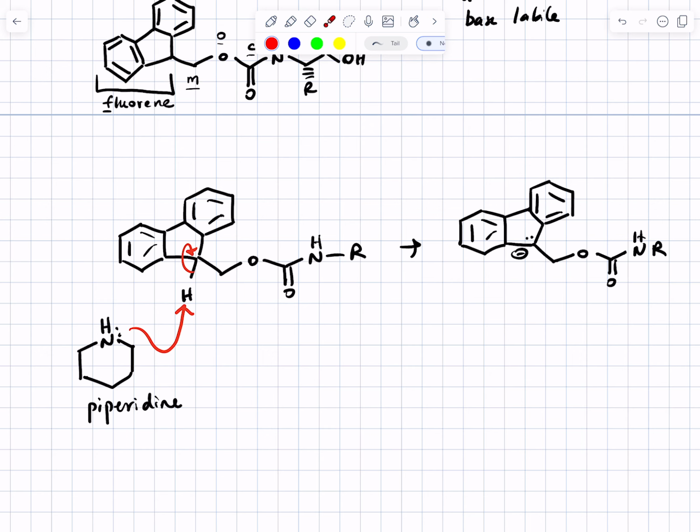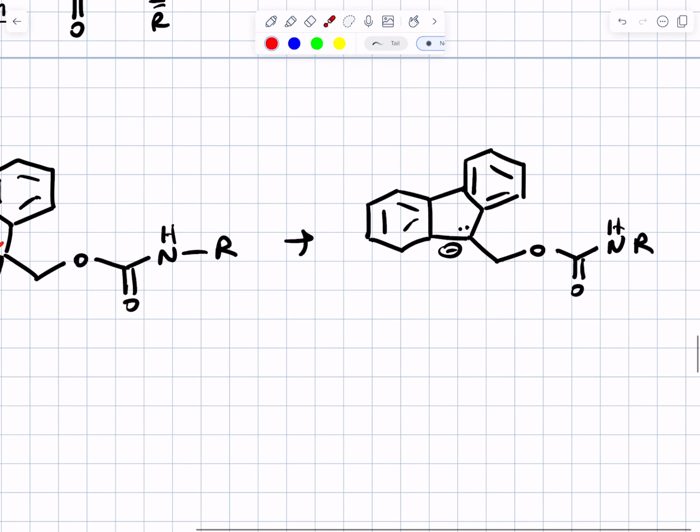And how many electrons does it have? 2, 4, 6, 8, 10, 12, 14, and that satisfies the 4n plus 2 rule. So this anion, the conjugate base of the fluorene segment, is actually aromatic. That's one of the reasons why you can remove the proton.